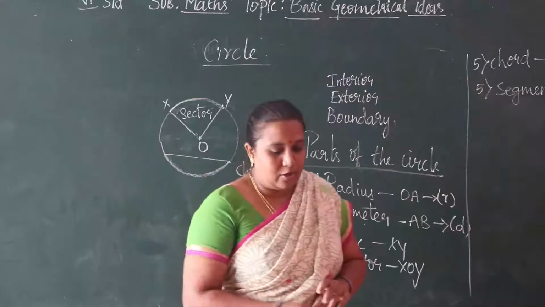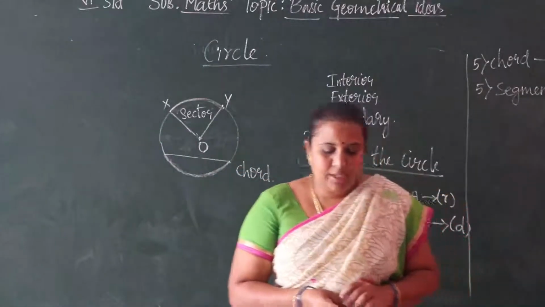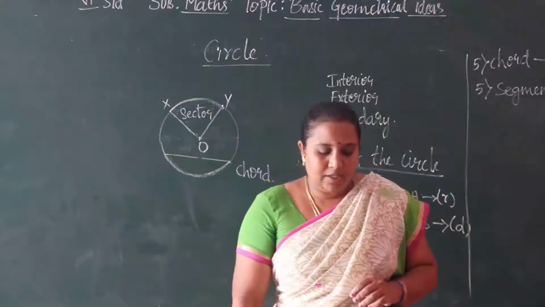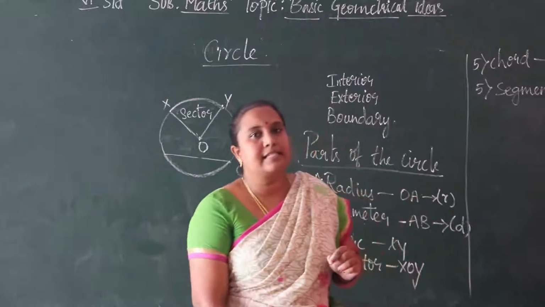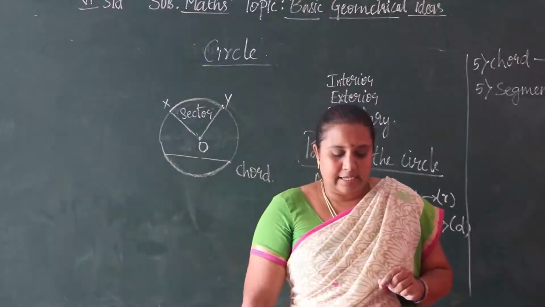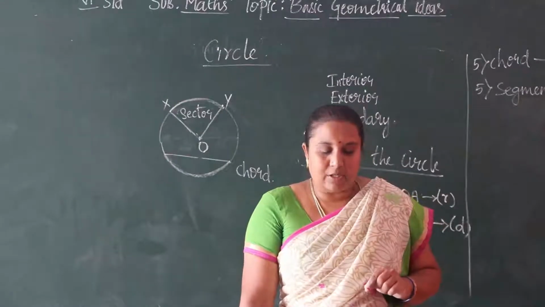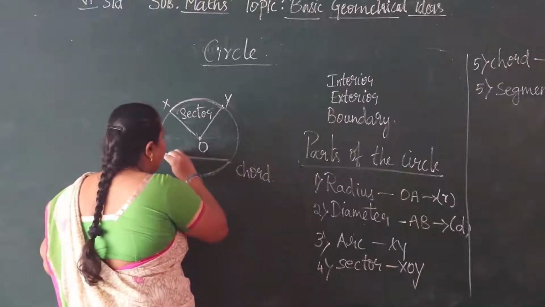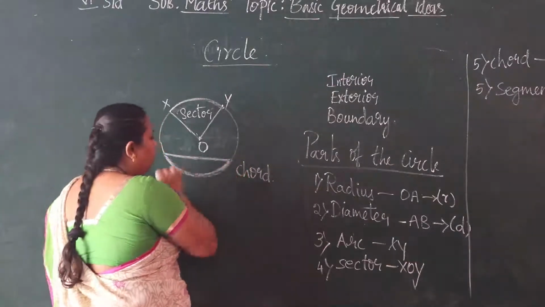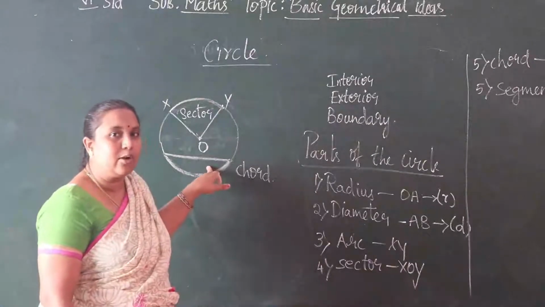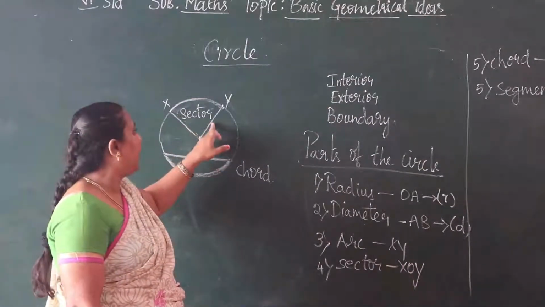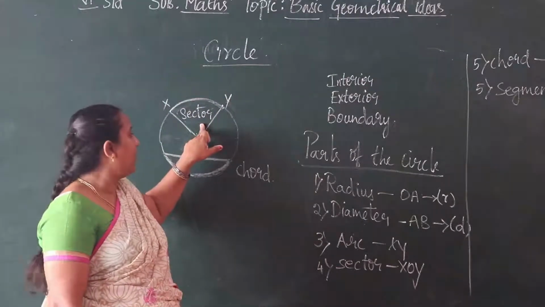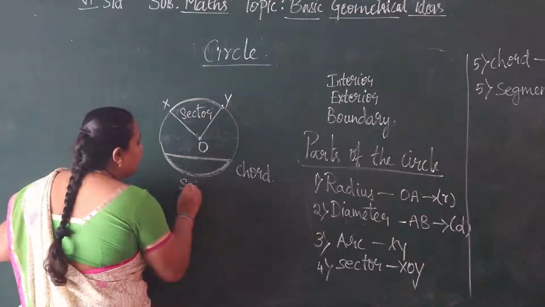So the region in the interior of the circle enclosed by the chord and the arc, we can say it is a segment. And the region enclosed by the two radii and the arc, we can say that is a sector. Clear, children? So what is a segment and what is a sector?